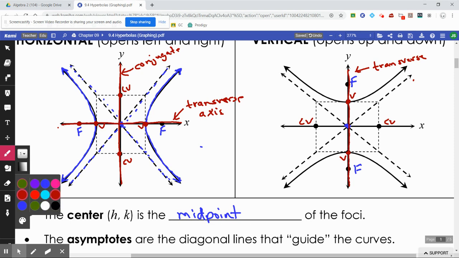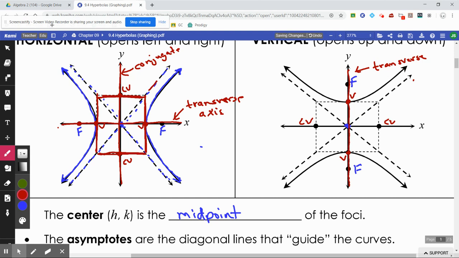I want to point out this box they have drawn. If you were to take and draw a vertical line through the vertices here, and draw horizontal lines through the covertices, it forms a box. And notice that the asymptote lines pass through the corners of those boxes.